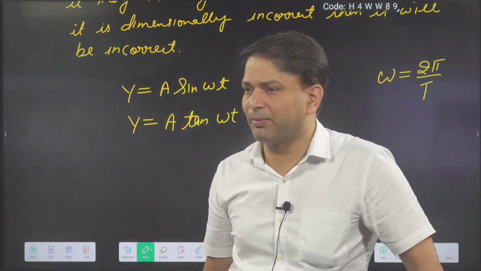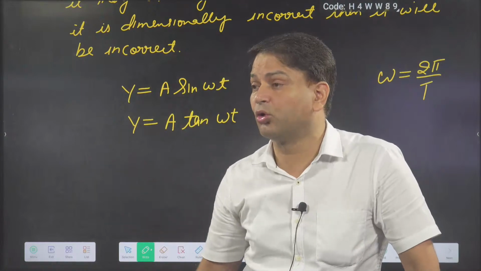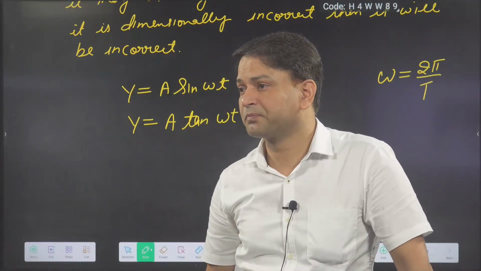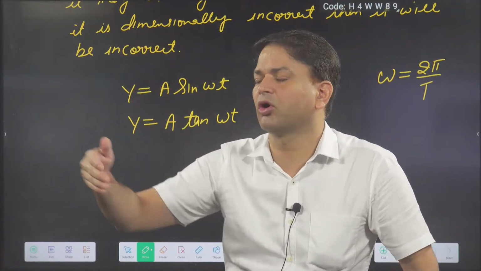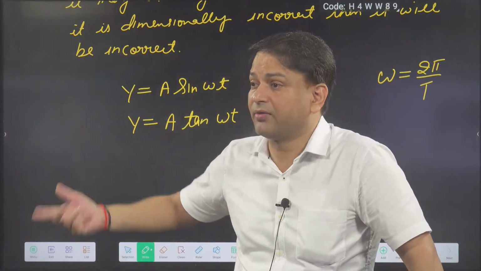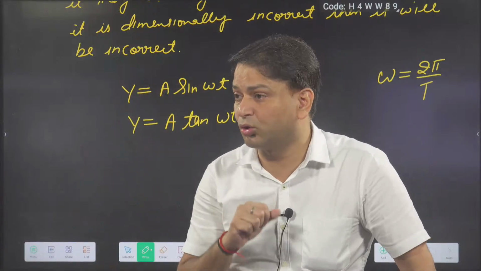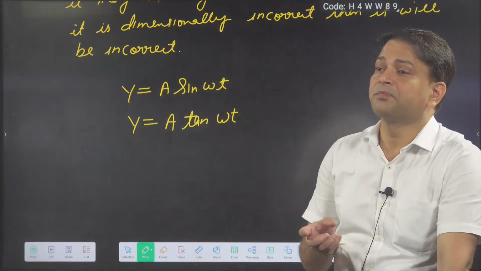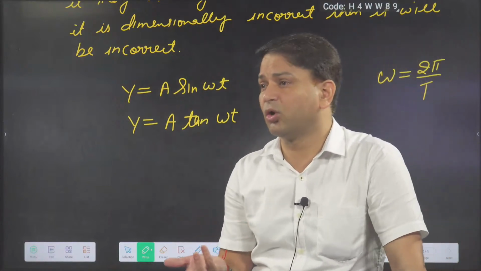Tan omega t is dimensionless, omega t is dimensionless. So it passed the dimension test. But we know that it is a wrong equation, because the actual equation is either y is equal to A sin omega t or A cos omega t. But here I have written the tan, I can write the cot, I can write the cosec. It means this equation I cannot verify. Why? Sin theta, cos theta, these don't have dimension.